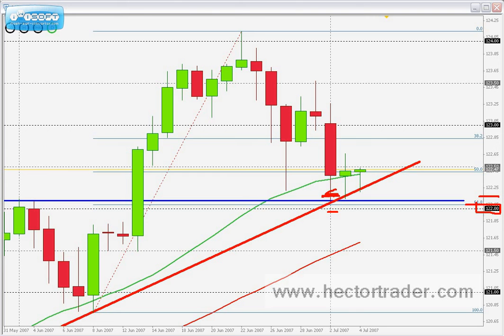So the limit entry would be at 122.10, and the stop loss would be at 121.90. So we are talking about a 20 pips stop loss plus a spread. Let's say a 22 pips stop loss.